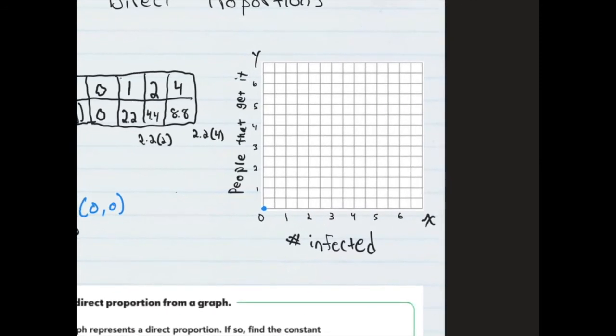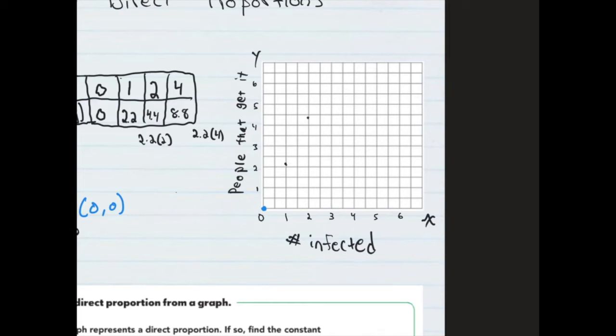Let's zoom in a little bit on here. If one person is infected, we can expect 2.2 people to get it, and we'll say that's about here. If 2 people are infected, we can expect 4.4. So it's pretty close to 4.5. We'll put that there.